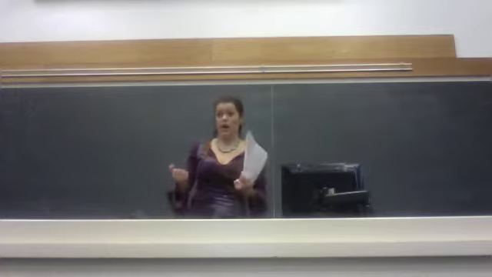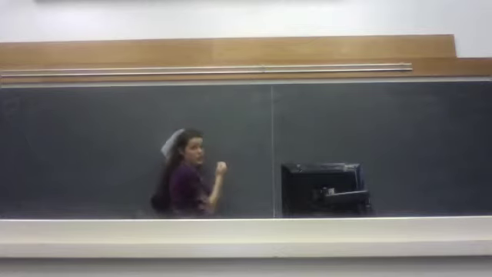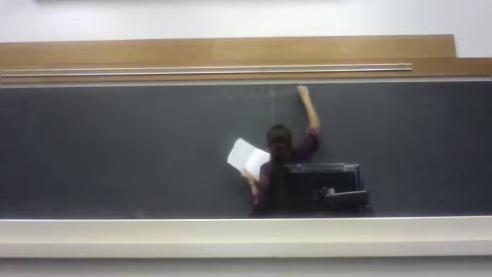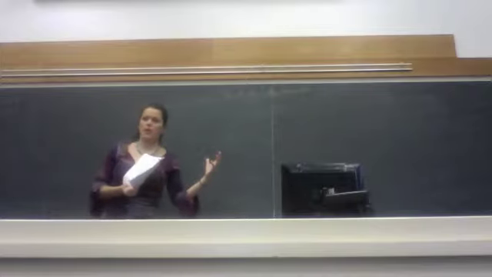Sometimes we're limited by our budget. So let's talk about what we call our budget line, or budget constraint. And this is going to show us how much we can buy depending on our prices.